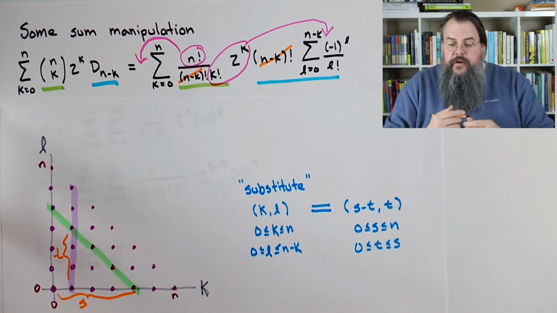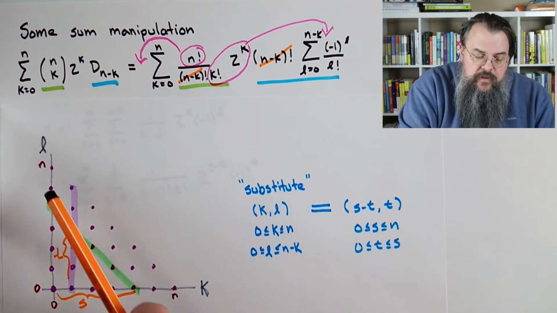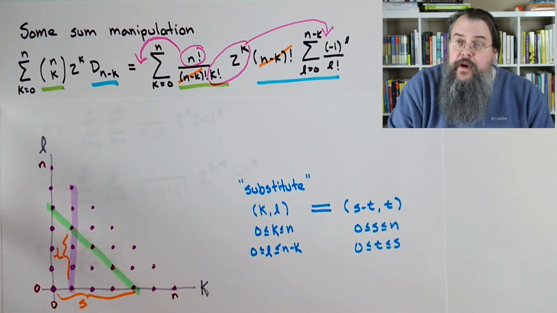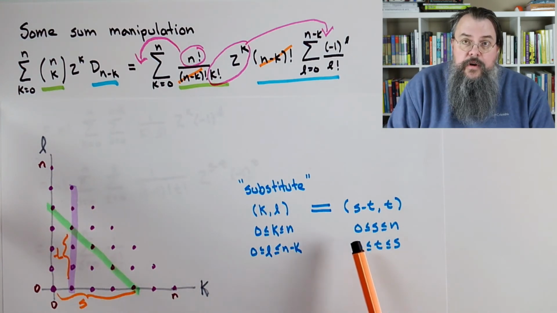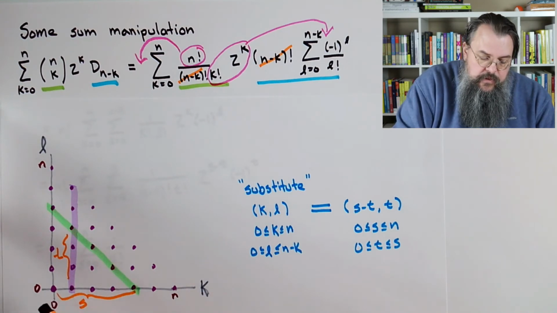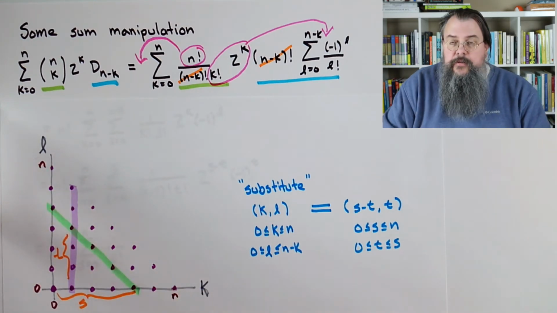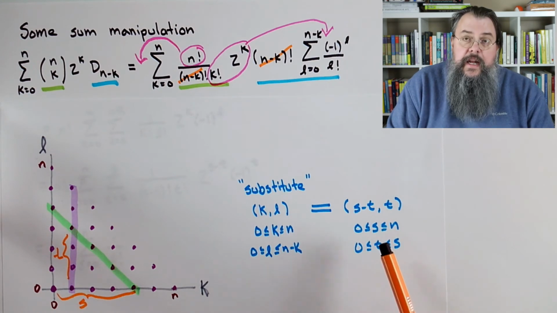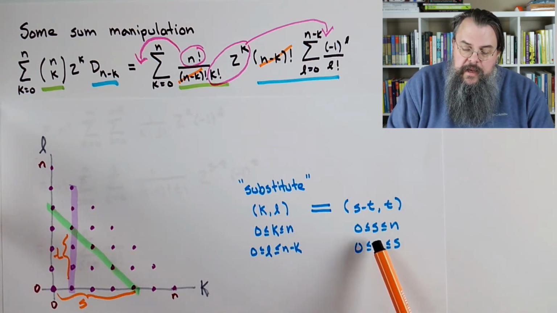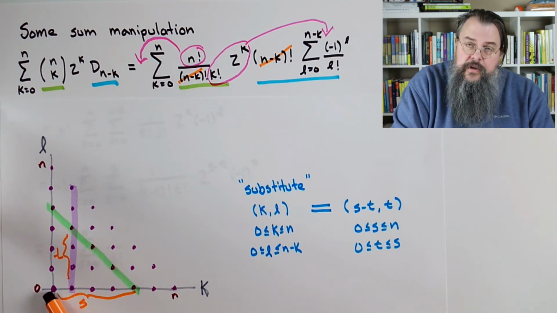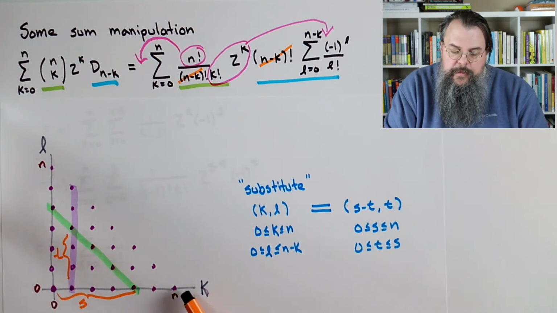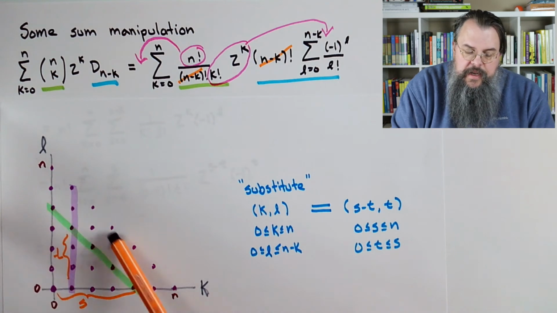And now we say, okay, look, if I want to get the same set of points, in other words, I want to add over everything, S will go from 0 to n. So from this diagonal to that diagonal. And then given any particular S, where does T range from? Well, if I'm at 0, I'm going to go from 0 to 0. Whereas by the time I get out here, I go from 0 all the way up to n.